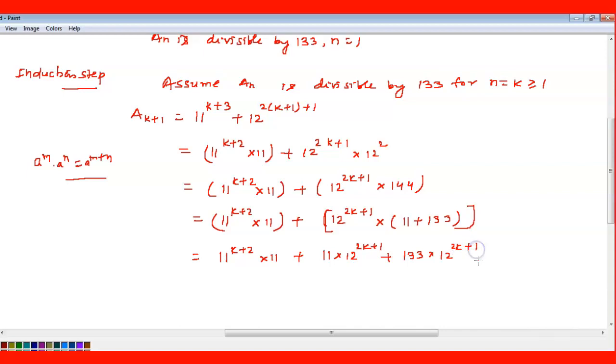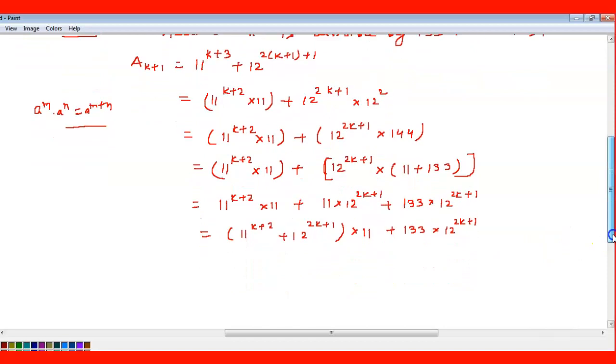Any doubt in this? So now in this, 11 I can take common. So I can write here 11 to the power of k plus 2 plus 12 to the power of 2k plus 1, into 11, right? Plus 133 times 12 to the power of 2k plus 1, right?